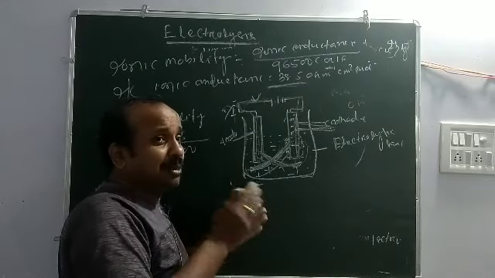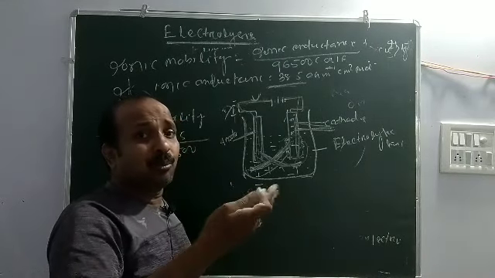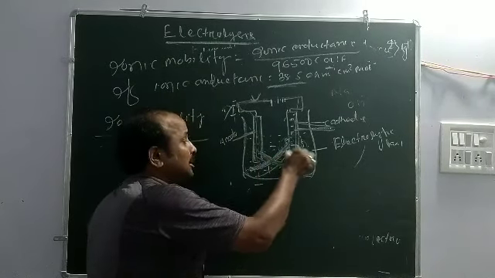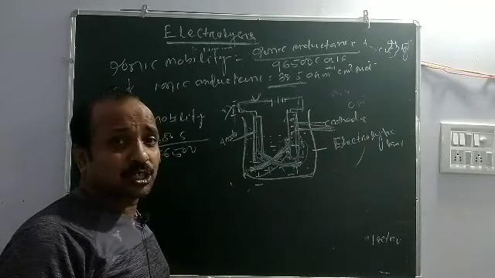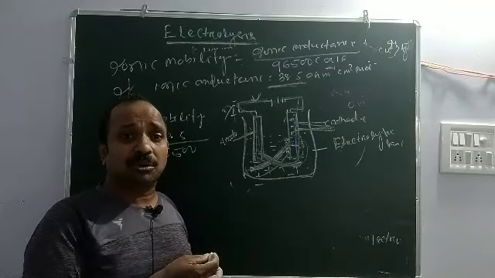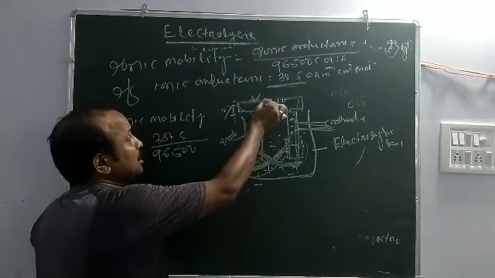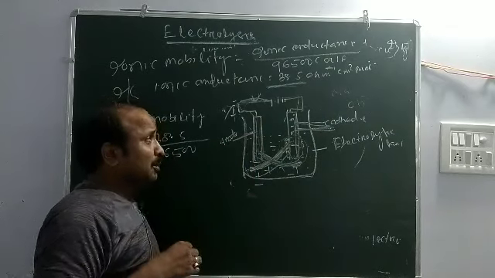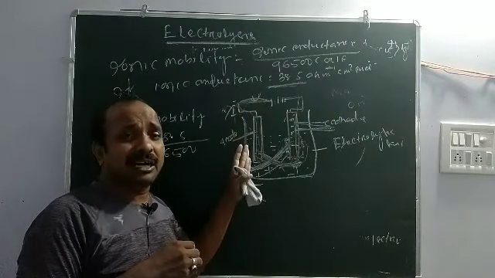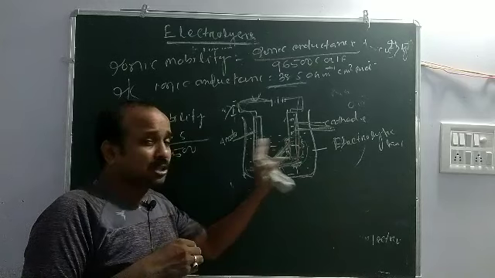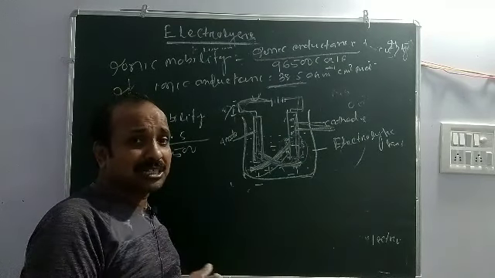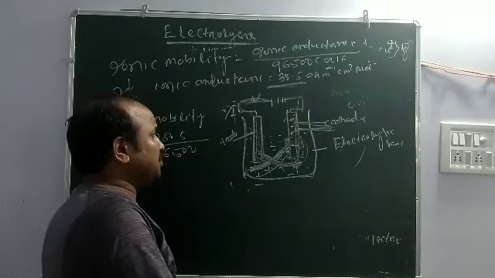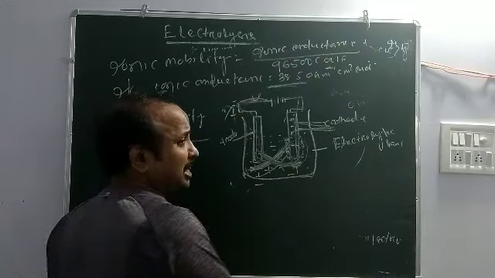If the same current flows for more time, there is also an increase in the substance deposited or liberated at the electrode. Means the product of current and time is directly proportional to the mass of substance deposited or liberated at the electrode.